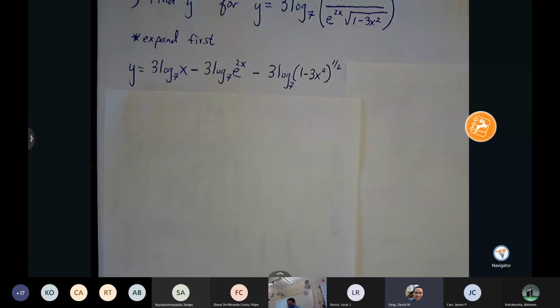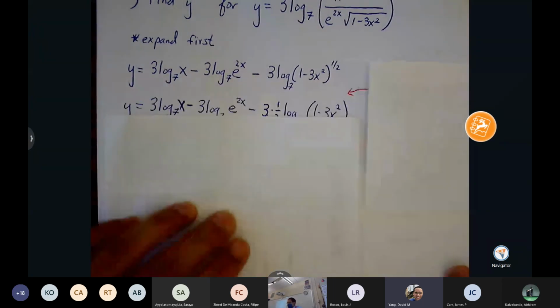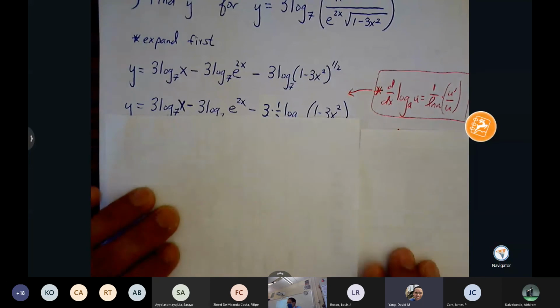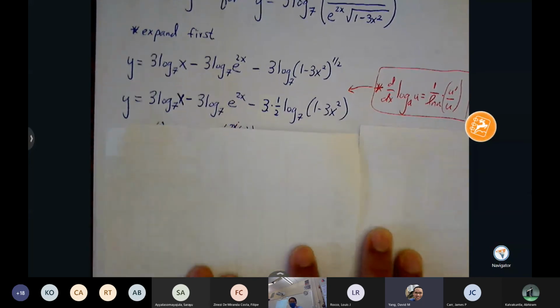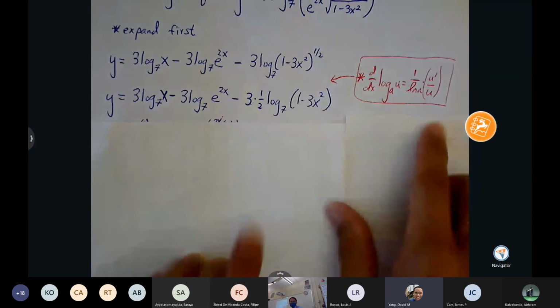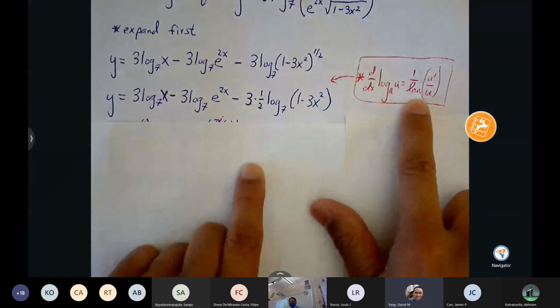I'll show both variations, but right now I'm going to leave that 2x up. Okay, so now we can approach each with our derivative rule, log base a of u.